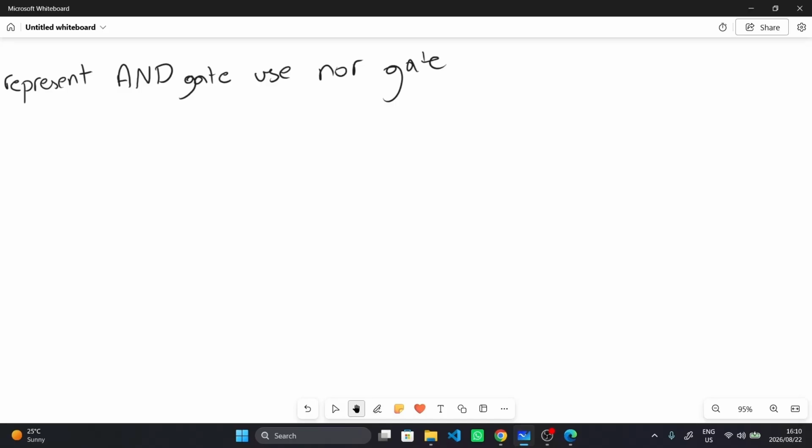Now we want to represent the AND gate using NOR gates.